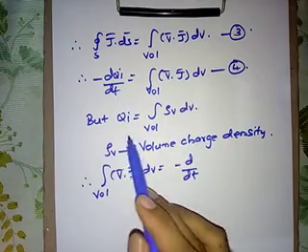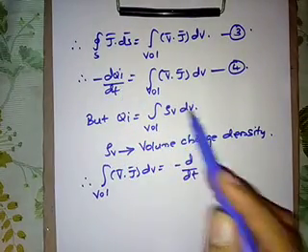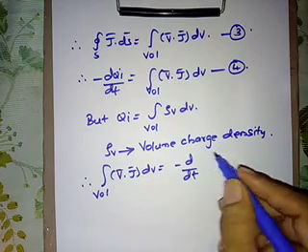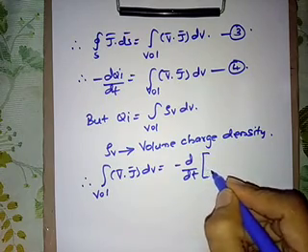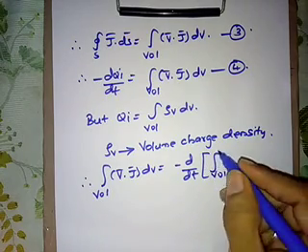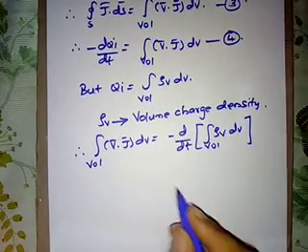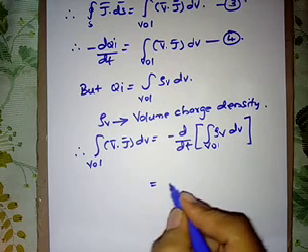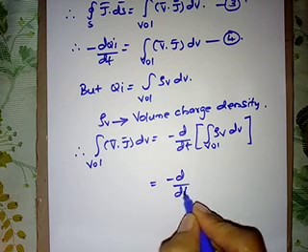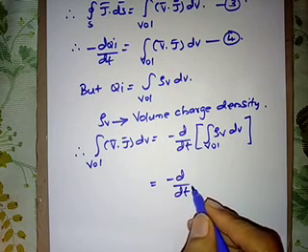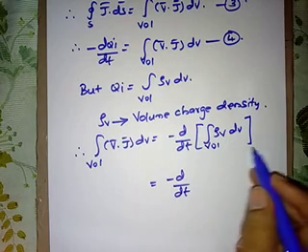So I am substituting the equation for qi in equation 4: minus d by dt of the volume integral of rho v dv.